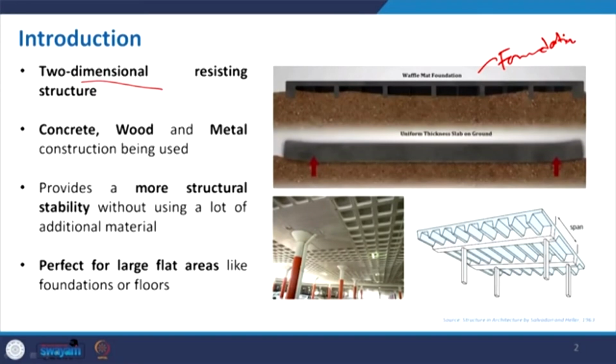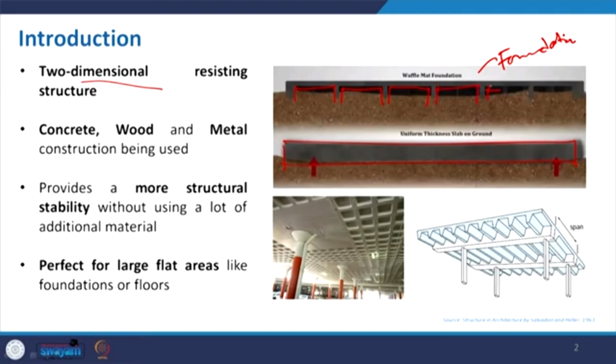For the foundation, if you look at this picture, the bottom one is basically a solid slab as foundation base. But in this case it is not a solid one, it is improved.